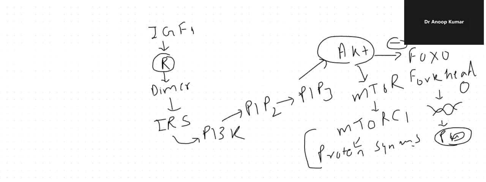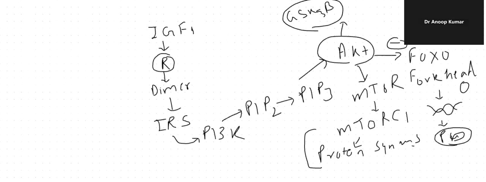Then there is another one after AKT, GSK3 beta, glycogen synthase kinase 3 beta. This glycogen synthase kinase 3 beta is an active serine threonine kinase, and it's a negative regulator of cell growth.